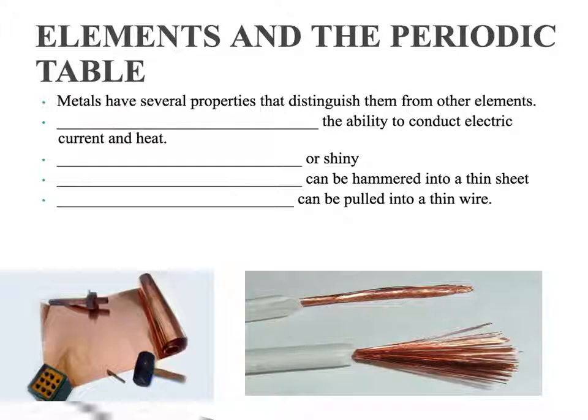So let's discuss some of the properties that metals have. First and foremost, metals are very good conductors, and good conductors mean that they have the ability to conduct electric current or heat. We also consider metals to be shiny, or we call this having luster.